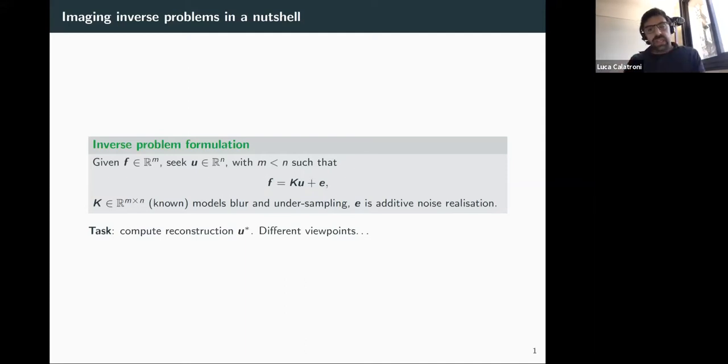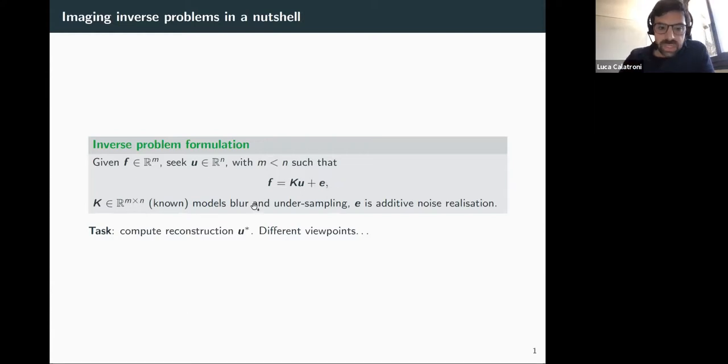So we are thinking of a standard linear inverse problem where we observe a given noisy, blurred, and possibly undersampled image f, and what we seek is an image u, which is linked to f through this linear inverse problem where K is the supposedly known linear operator modeling blur and undersampling, while e is an additive noise realization. So I don't specify here what is the type of noise that we consider. I will talk about that in the following, but for the moment, let's simplify and just say that it is an additive noise component.